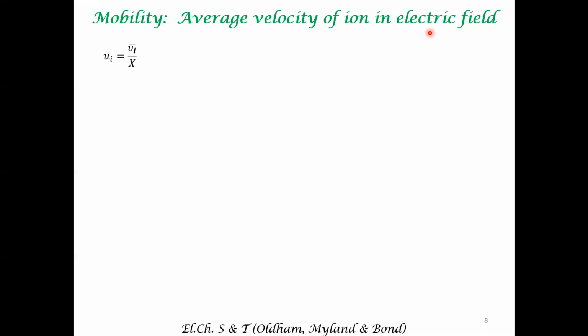So for example, if you have a sphere falling under gravitational potential in a medium, the gravitational potential will tend to accelerate the sphere, but there is a resistive force offered by the medium.